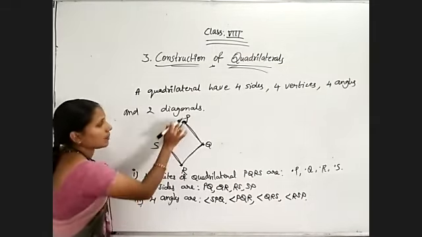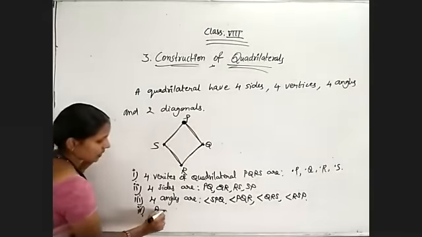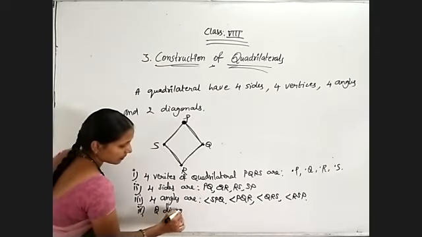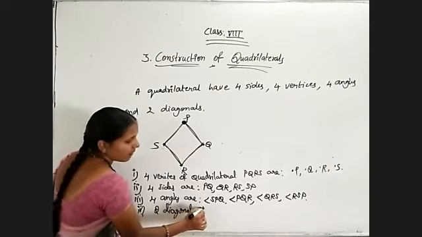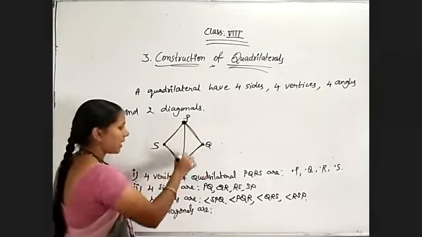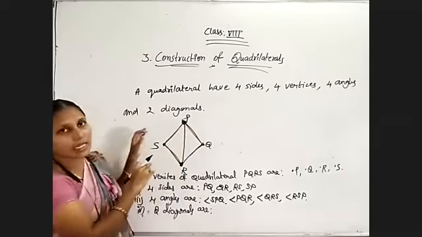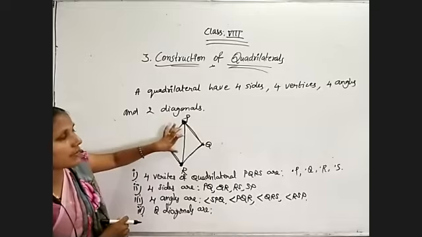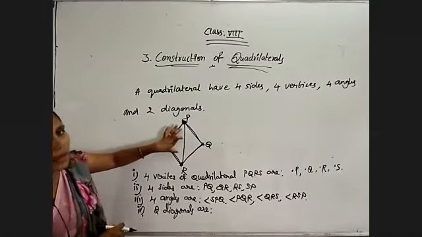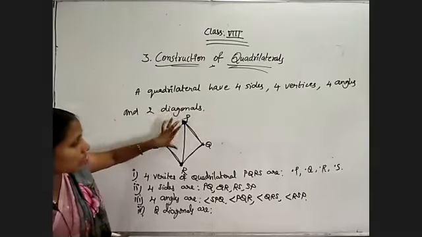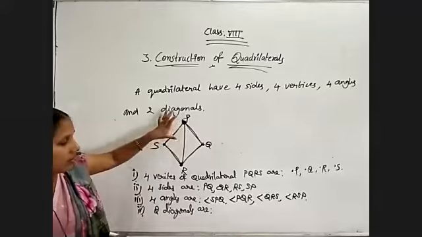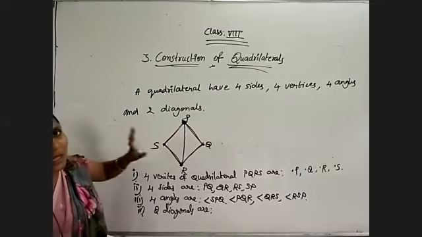Now lastly, two diagonals. What are the two diagonals? PR, opposite points you need to join. That is said to be a diagonal. A diagonal is nothing but a line segment made by joining the opposite points of the quadrilateral.